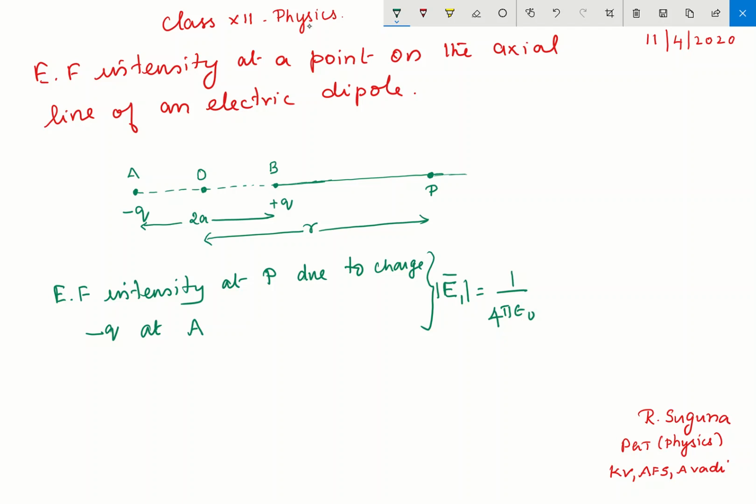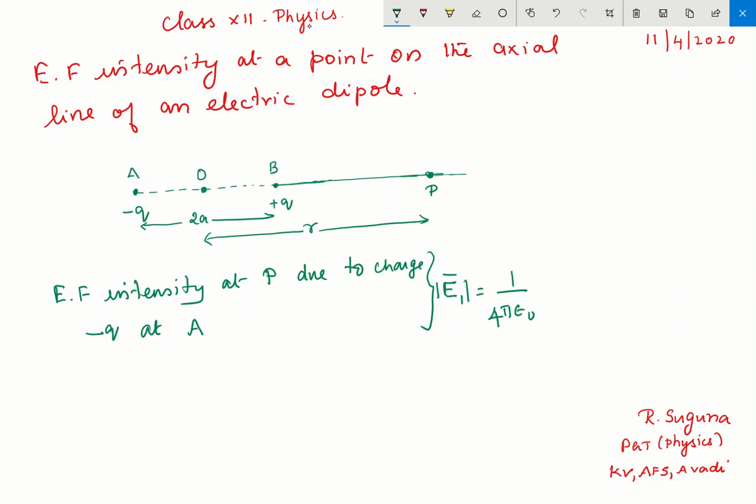The force will be an attractive force because it is minus Q. You are keeping a unit positive charge at P, and it will experience an attractive force due to minus Q at A.